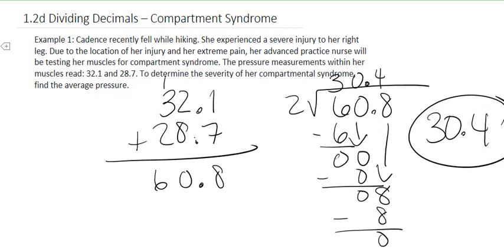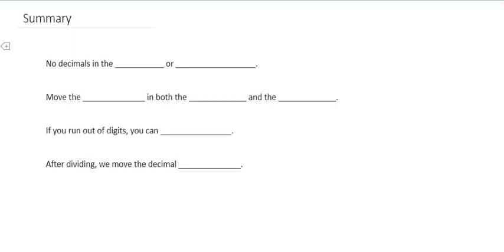Now, before we move on, let's go over some important aspects about dividing decimals. When we're dividing decimals, we first need to check to see if there's a decimal in the divisor, or the front number. If there is a decimal in the divisor, then we need to move the decimal in both the dividend and the divisor.